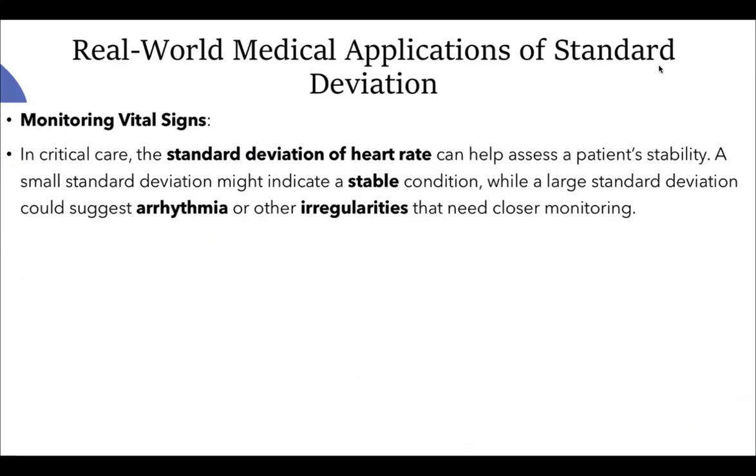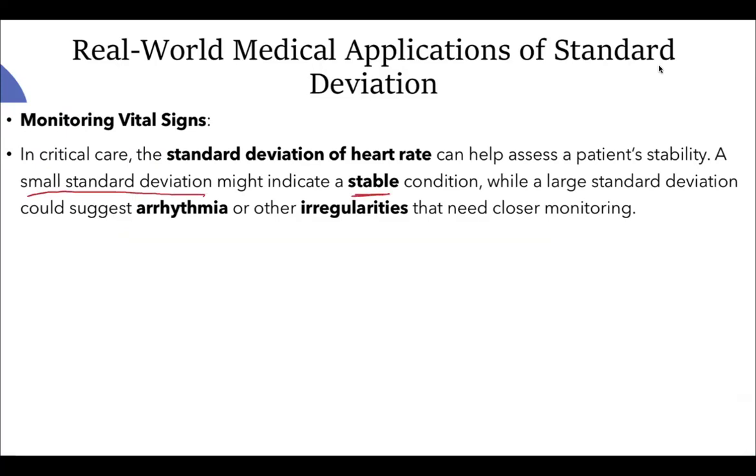More applications of the standard deviation. It is a very, very commonly used measure in many data sets. Monitoring vital signs, for example. In critical care, the standard deviation of heart rate can help assess a patient's stability. A small standard deviation might indicate stable condition.